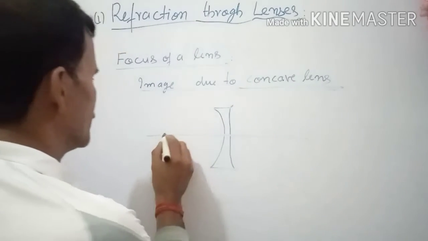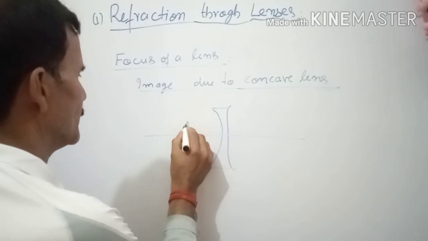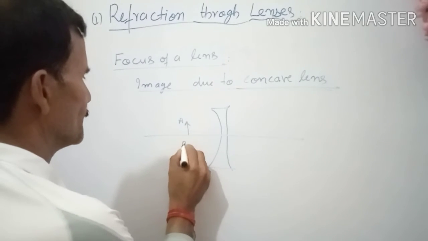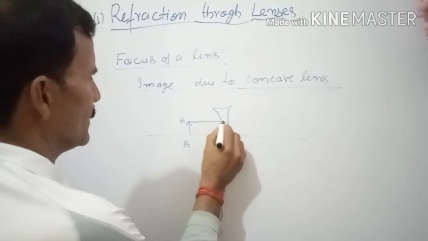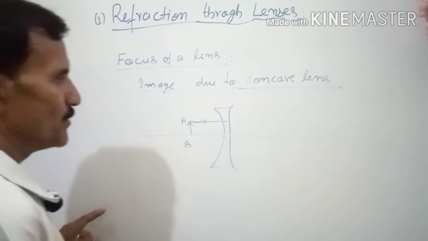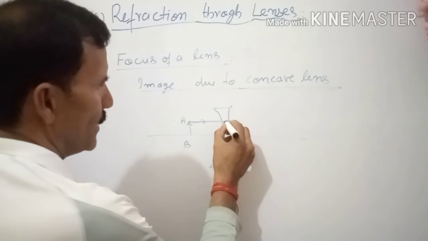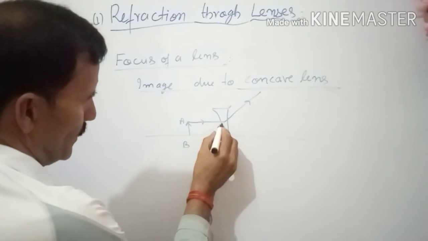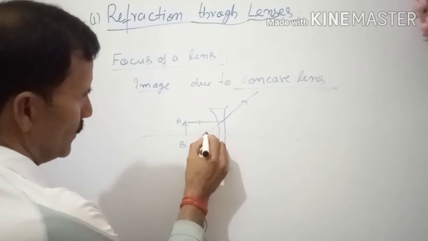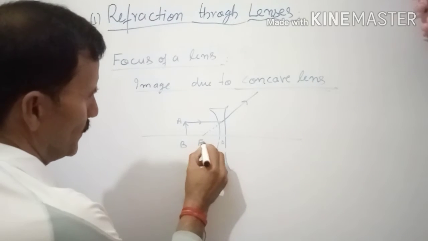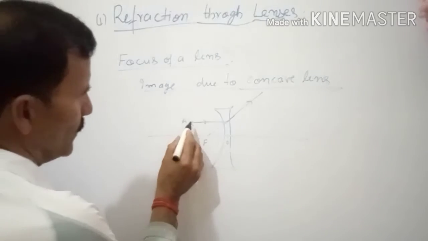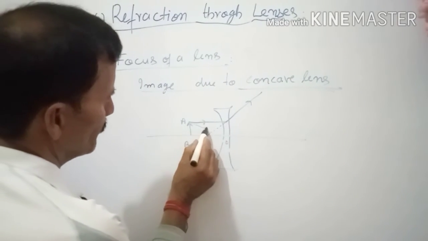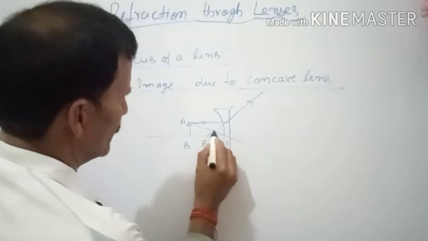There is a principal axis, suppose there is an object AB. Then you will take the ray parallel to the principal axis and it will move like that. Why it is moving like that, I am going to explain. It will appear to come out from the focus, and take one ray passing through the optical center.